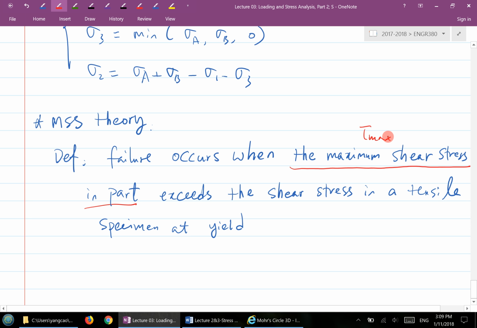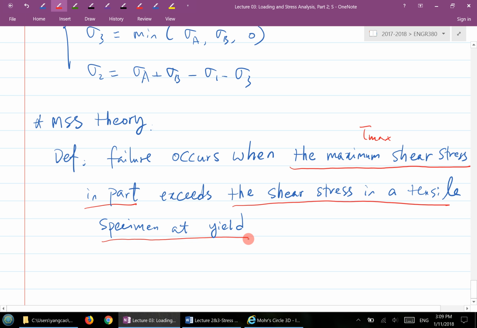We're not sure how to obtain it yet, but that's what we're going to try to obtain. It exceeds what? It exceeds the shear stress in the tensile specimen at yield. This is the second quantity. So when the first quantity is greater than the second quantity, it's considered a failure. Is that clear?